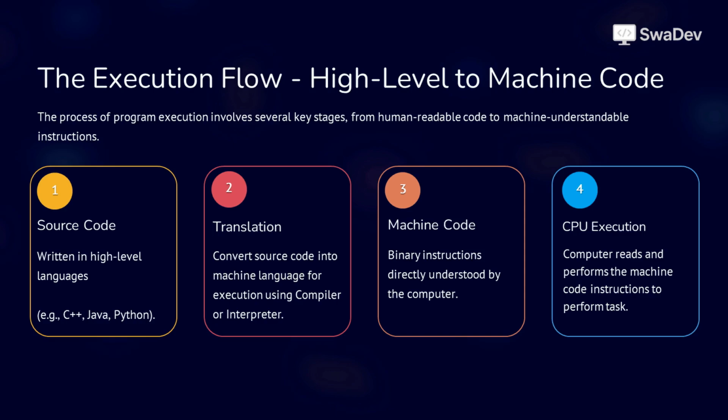In the second step, translation happens. That means converting source code into machine language for execution using a compiler or interpreter. The third step is machine code, the binary instructions directly understood by the computer. The last stage is CPU execution. The computer reads and performs the machine code instructions to perform tasks.